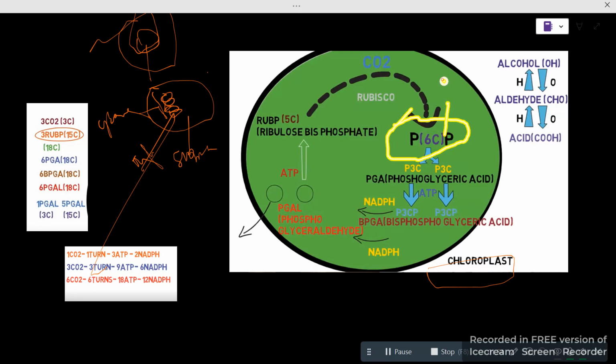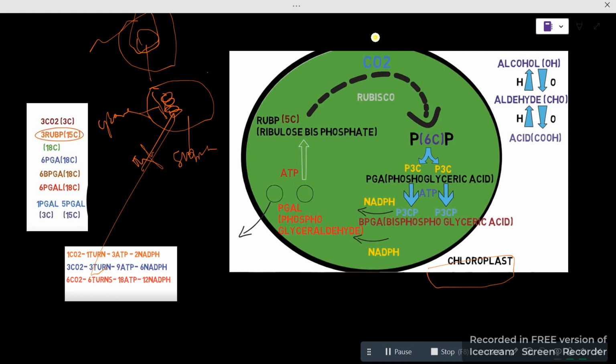And here the 6 carbon is an unstable product, whereas that's why the cycle is known as the C3 cycle, because the first stable product is 3 carbon, so that's why we give the name C3 cycle.